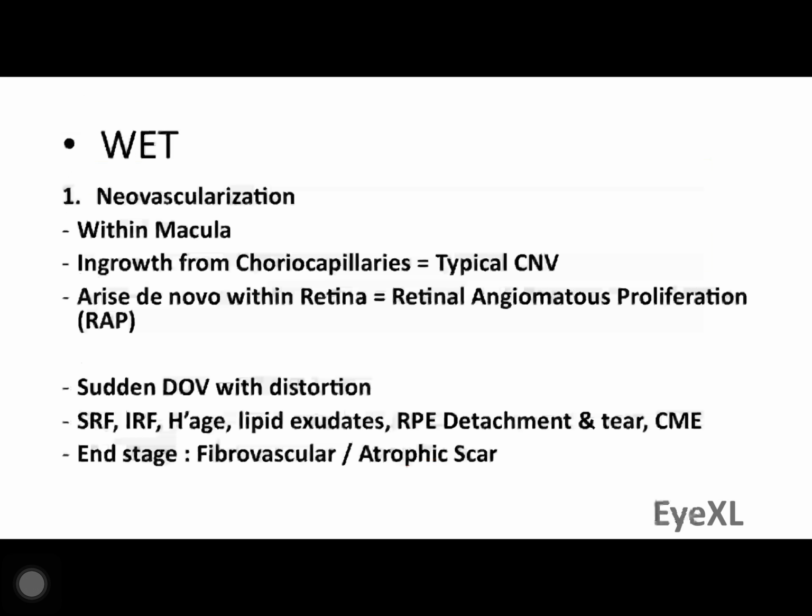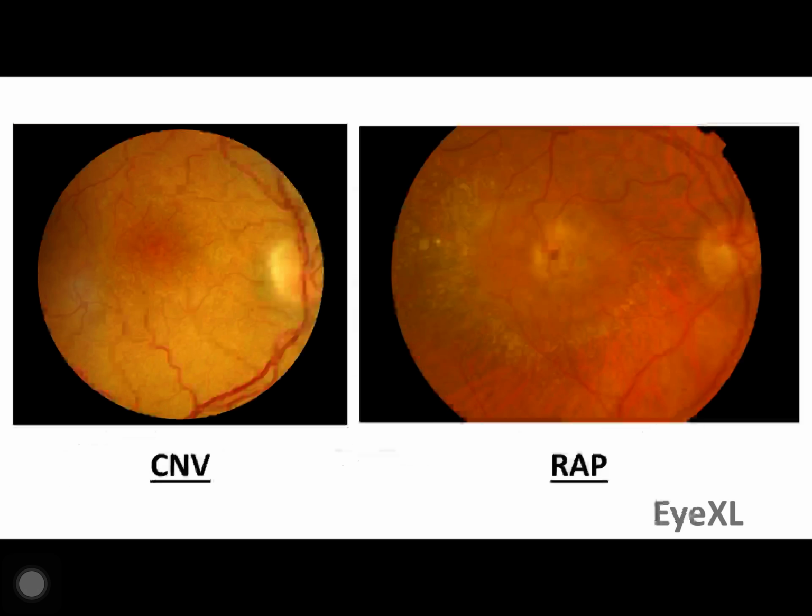The end stage of neovascularization, either with or without treatment, can be a fibrovascular or an atrophic scar, because these neovascular blood vessels have a very high fibrovascular quantity and very little muscular properties. So a fibrovascular scar or an atrophic scar can be seen at the end of neovascularization.